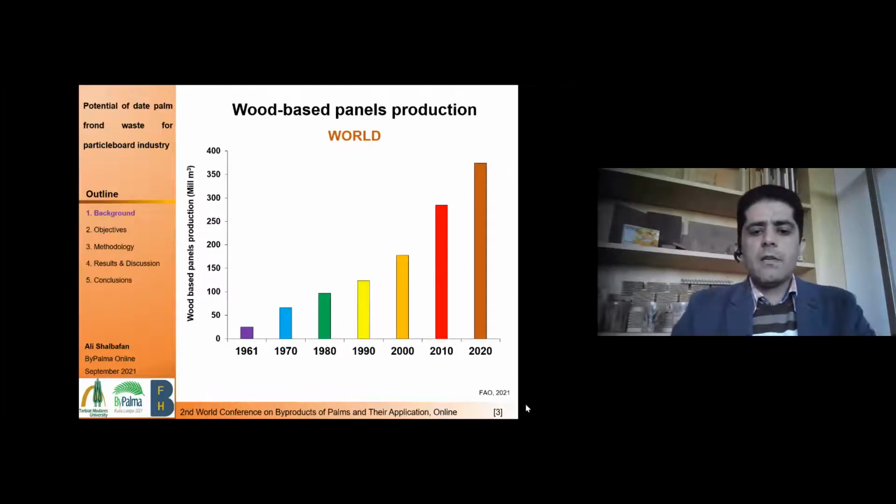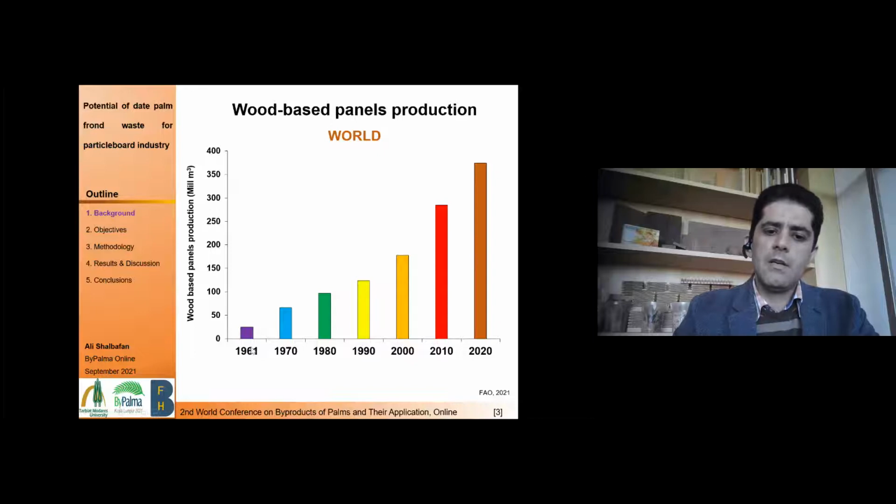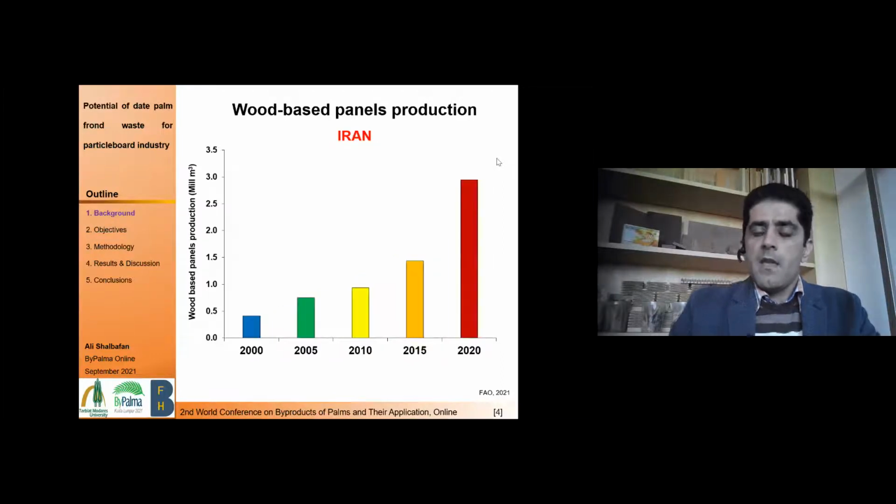According to the FAO statistics, the production of wood-based panels in the world has drastically increased over the last half century, from around 25 million cubic meters in 1961 to more than 370 million cubic meters in 2020. Which is actually a drastic increase in only half a century.